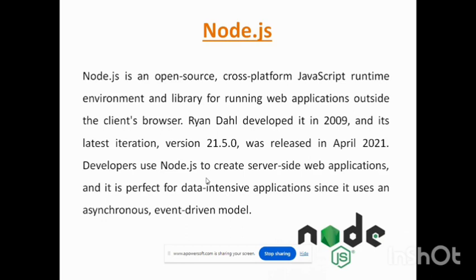Next is Node.js. Node.js is an open source, cross-platform JavaScript runtime environment and library for running web applications outside the client browser. Ryan Dahl developed it in 2009, and its latest iterated version, 21.0.5, was released in April 2021.